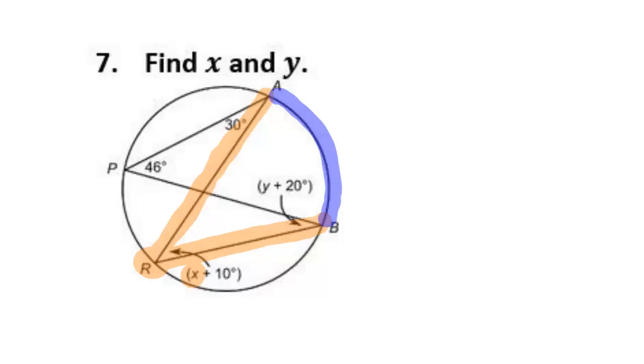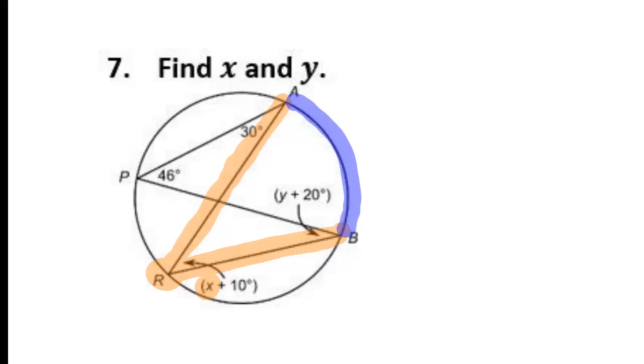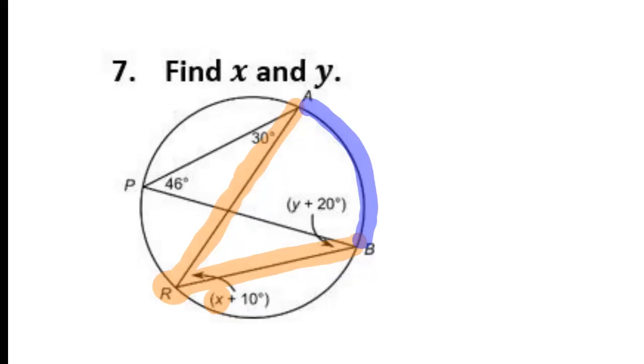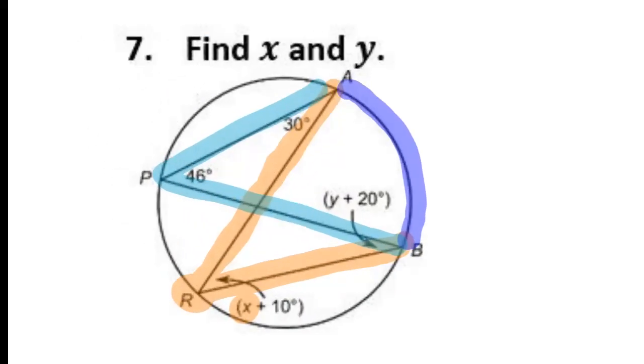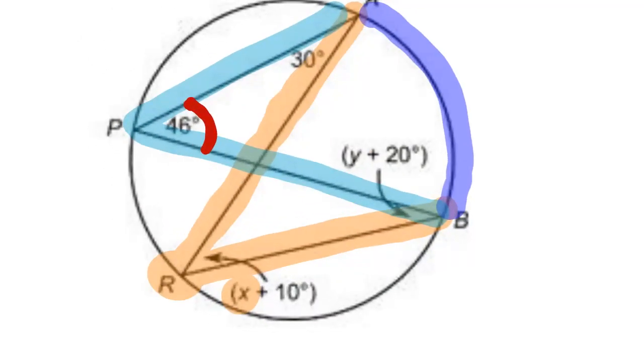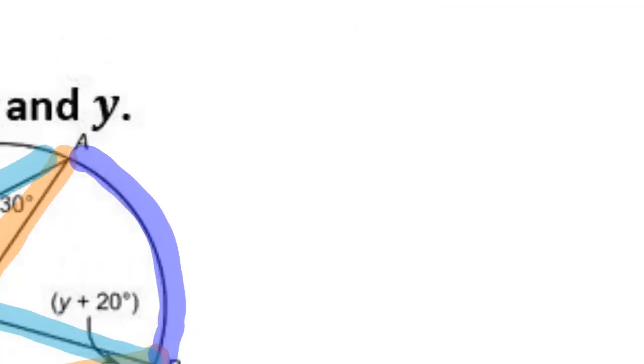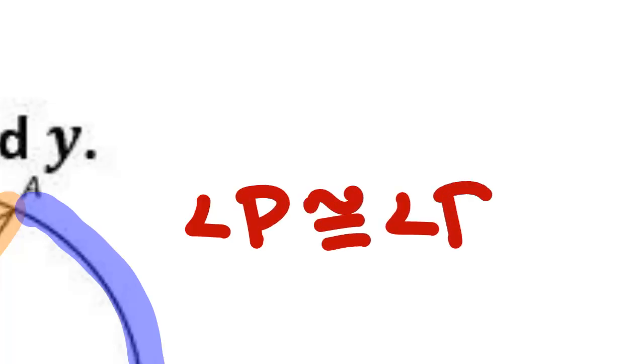Is there another angle that's intercepting that exact same arc? What angle is intercepting that same arc? Yes, APB right here. So that means that angle P and angle R are congruent. They intercept the same arc. Angle P is congruent to angle R.